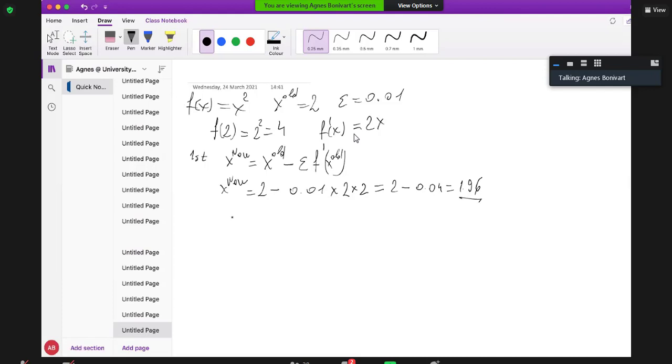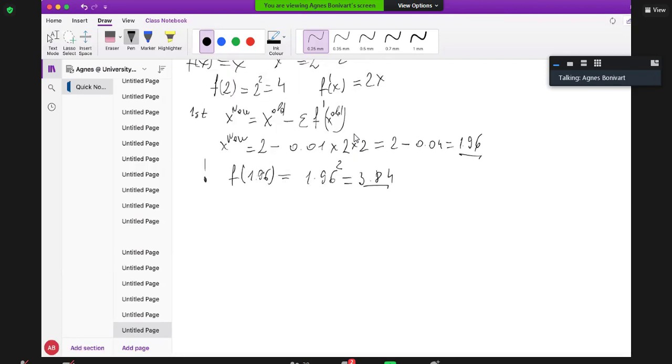Again, important because students often forget, we need to substitute this new x into the function and calculate it. That is 1.96 squared. Don't forget to calculate the function in place of the new x. And now we do the same again. Second iteration, we want to find the new x.